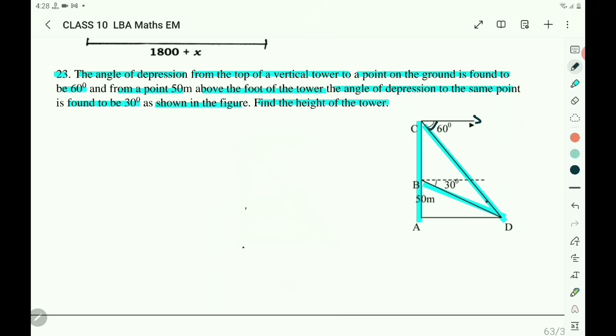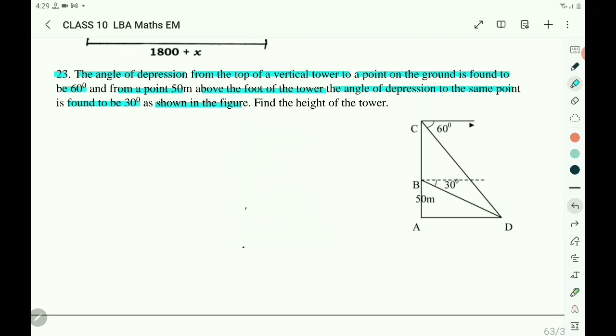So you can have this angle also 60 degree. Then this is the horizontal level at the point B. Then the angle of depression from that point is this one, that is 30 degree. That angle is equal to this angle BDA.